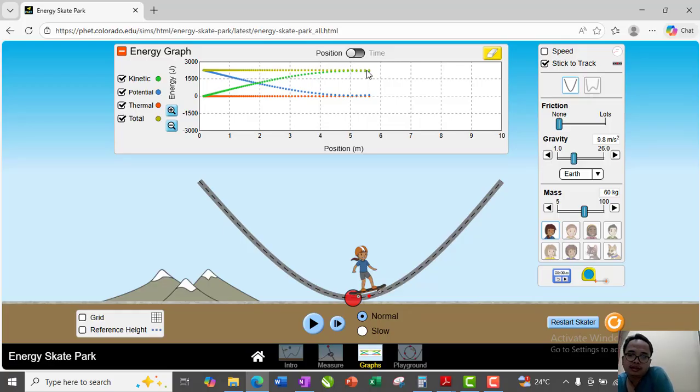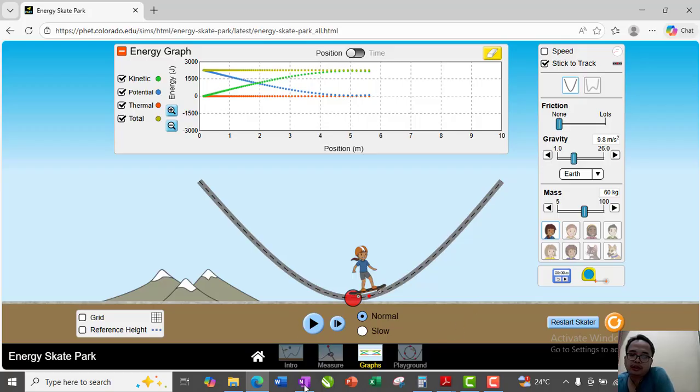So the total energy is always constant at every point, at position 1, position 2, position 3, until position 5 at the bottom of the trajectory. The total energy doesn't change.